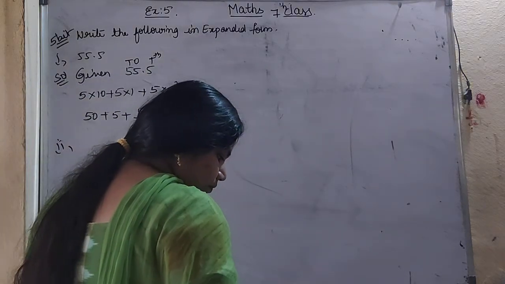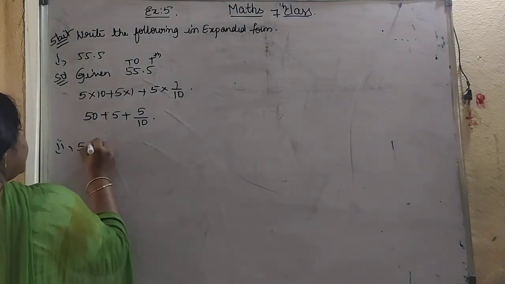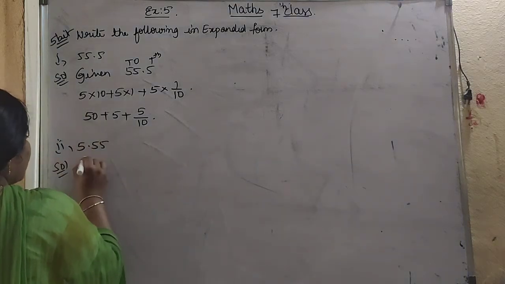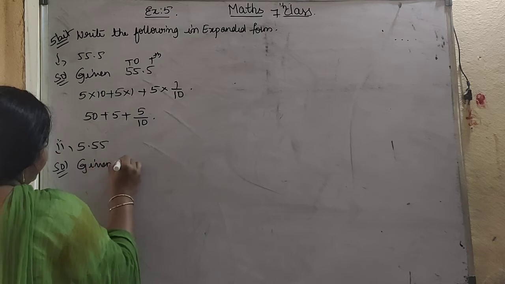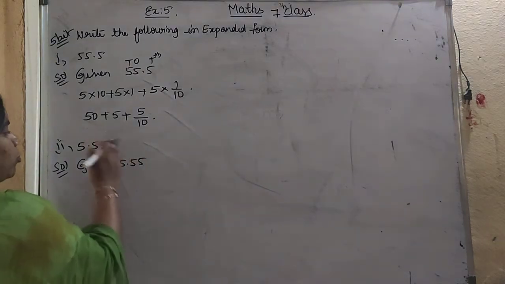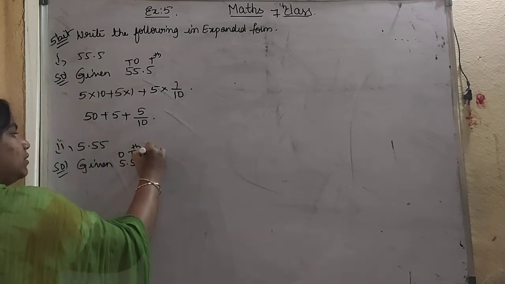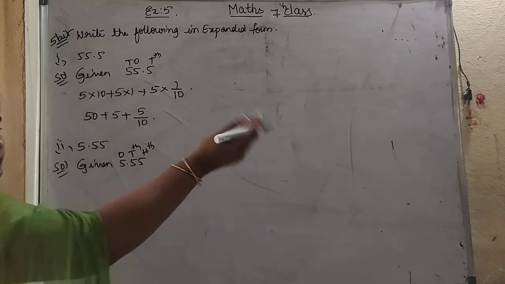Second one, that is 5.55. Given 5.55, first write the place values. Before the point it will start from ones. After the point it will start from tenth, hundredth and so on.